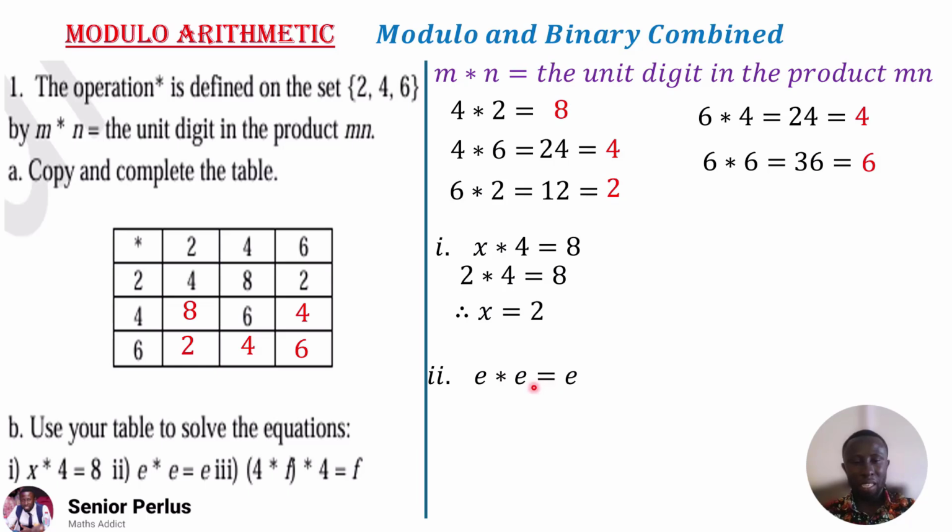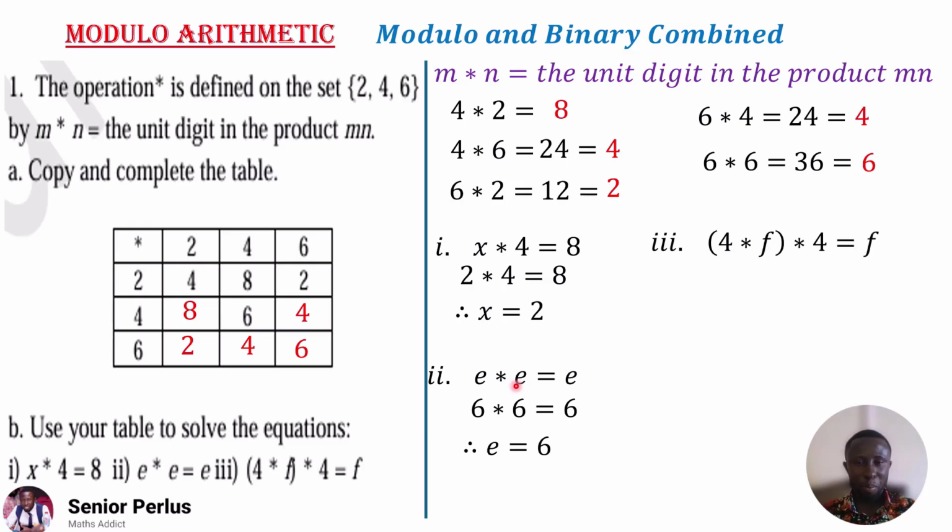E star E is E. It means that a number star itself gives the same number. Okay. So E star E is E, which in the table 2 star 2 is 4. No. 4 star 4 is 6. No. 6 star 6 is 6. So 6 star 6 is 6. So therefore our E is 6.